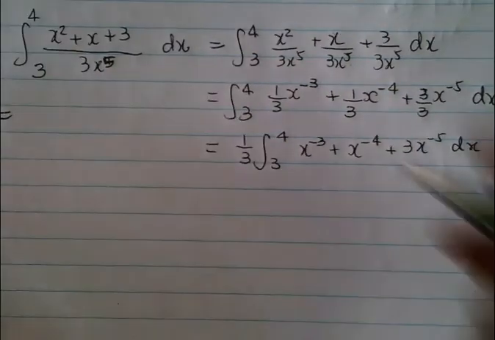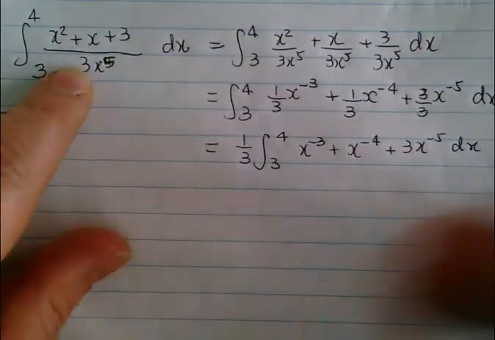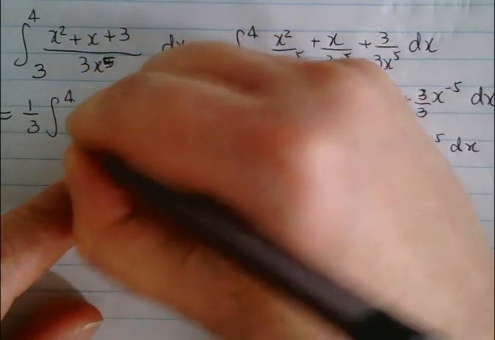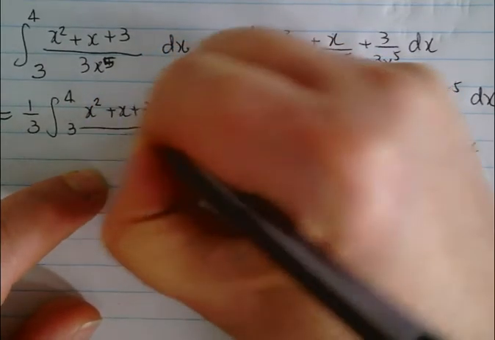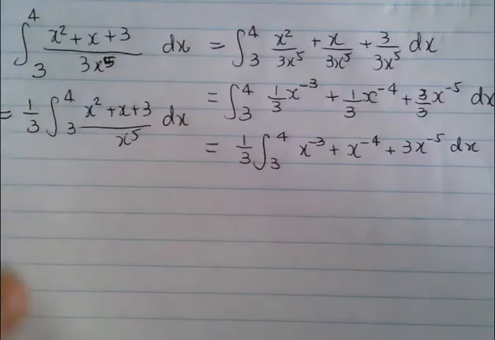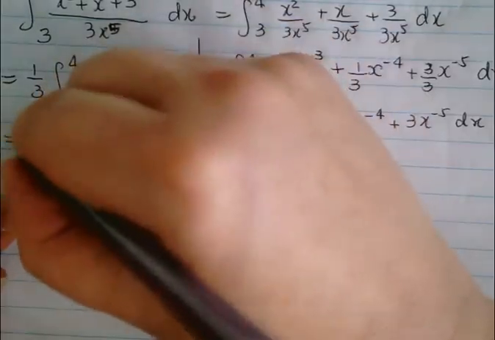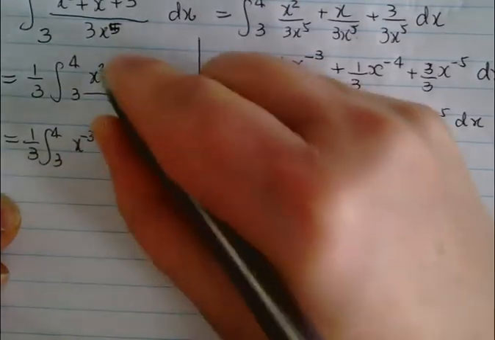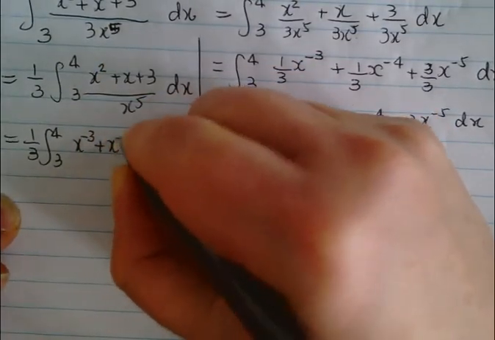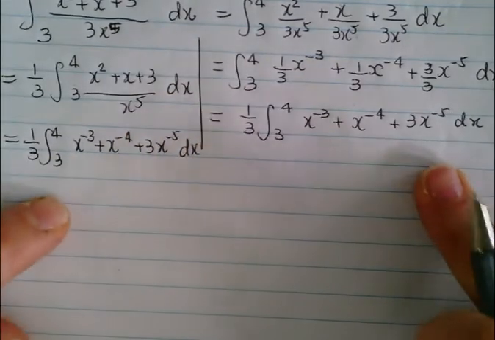This just shows that if we see the 3 there, I should have really from the beginning just written it as this. And then, do you know what I mean? And then I could have divided each one by x to the power of 5. So that would give me x to the negative 3 plus x to the negative 4 plus 3x to the negative 5 dx. So that's where we are there.